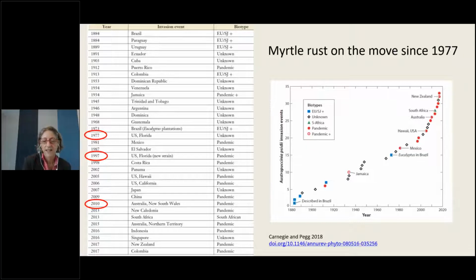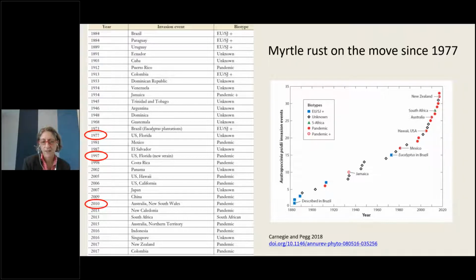Angus Carnegie and Jeff Pegg published these really nice graphics to demonstrate the spread of the Myrtle Rust disease. There are several biotypes, several strains of the rust fungus, and the pandemic strain, suitably coined because of its wide spread and wide host range, has really taken off since 1977, with presence now right across the Oceania Pacific region and other countries.